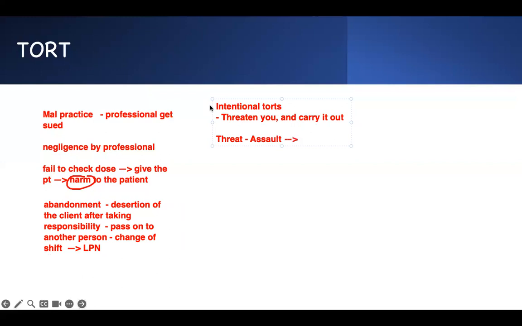And this can be verbal, mostly emotional. So I'll tell you things. I say, hey, if you don't stop what you're doing, I'm going to shove the thing in your mouth. That's an assault. I'm threatening you, but I never touch you. I never shove the thing into your mouth.